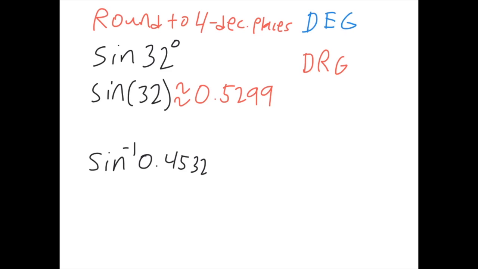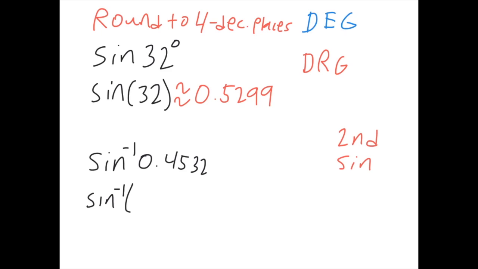So on your calculators, on my calculators at least, and on graphing calculators, you want to press a button that says second. And then after you press that button, you press the sine button. And that should give you sine to the -1. And I'll have a parenthesis there.